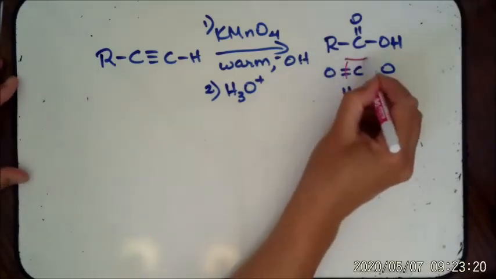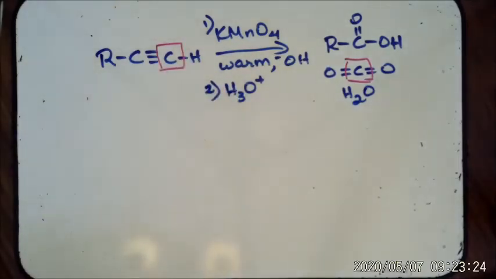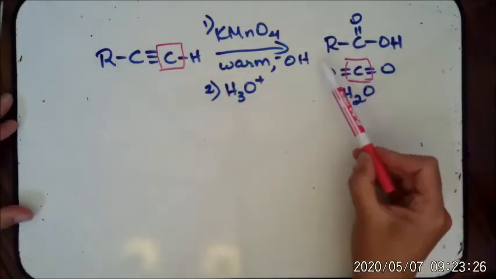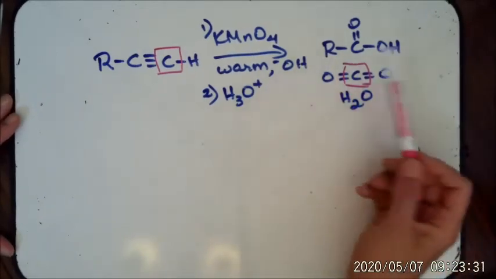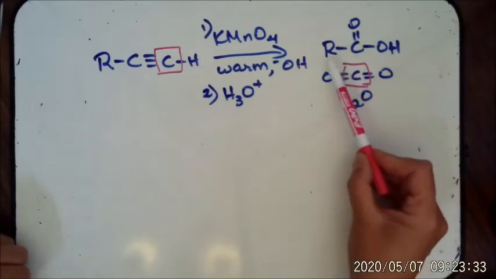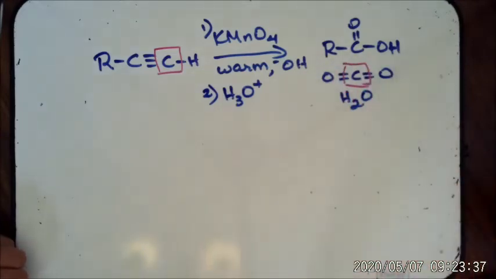In the previous times, I've just been showing R prime, or my carboxylic acid, but whenever you have your cleavage mechanism and you have formic acid, it continues to oxidize until you get carbon dioxide and water. So I just wanted to show you that, to remind you that's what you get.